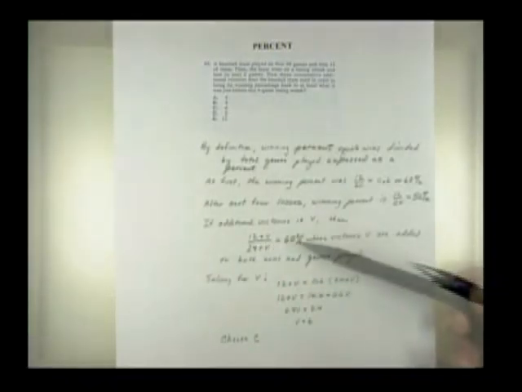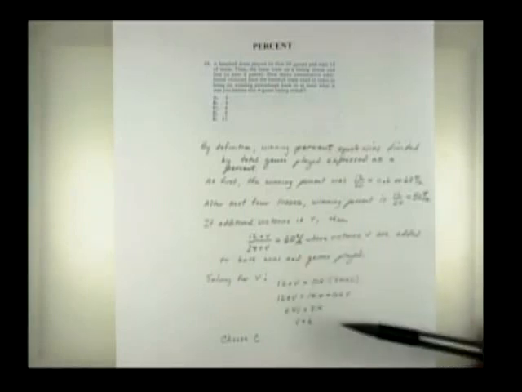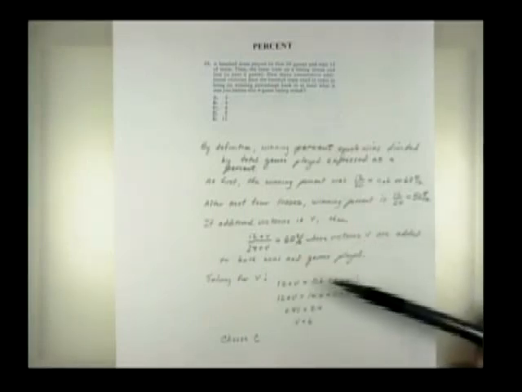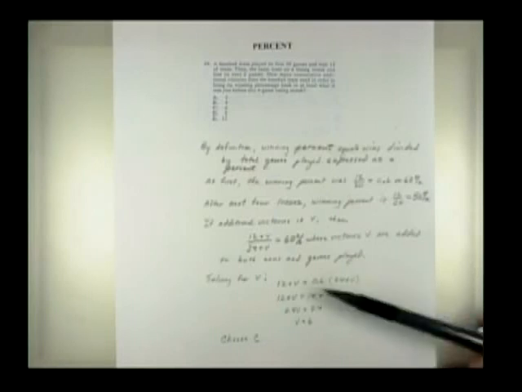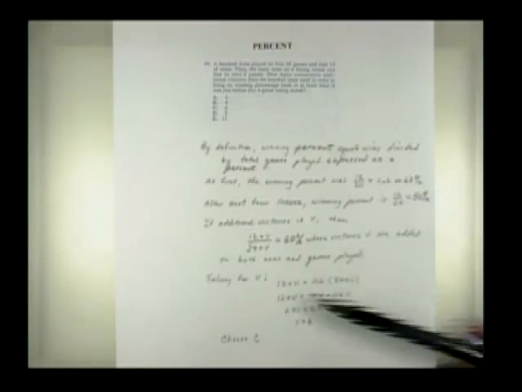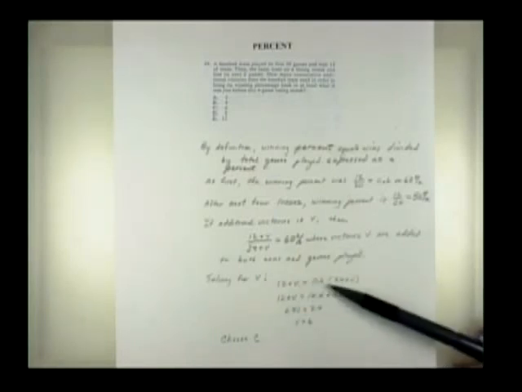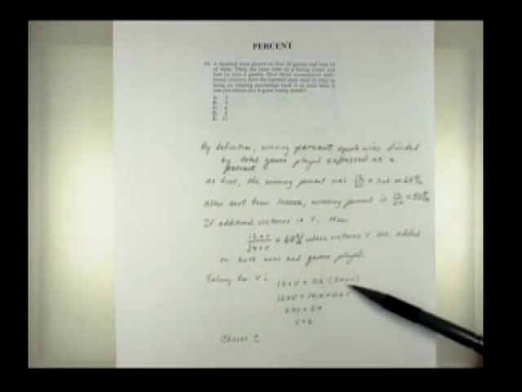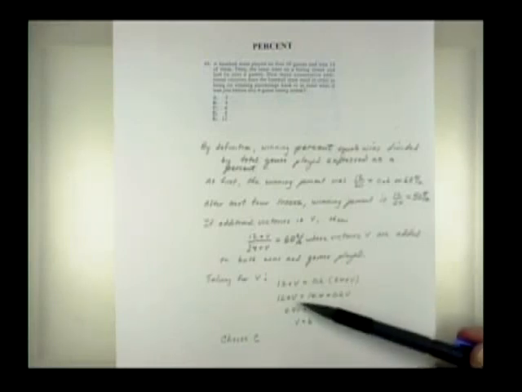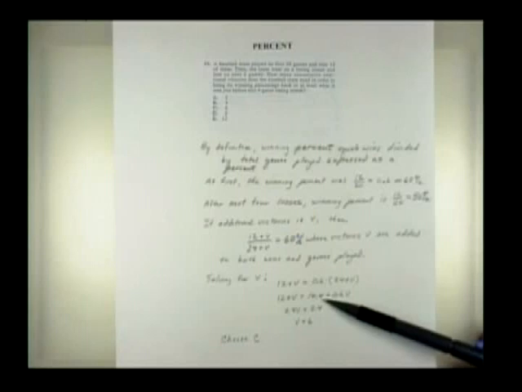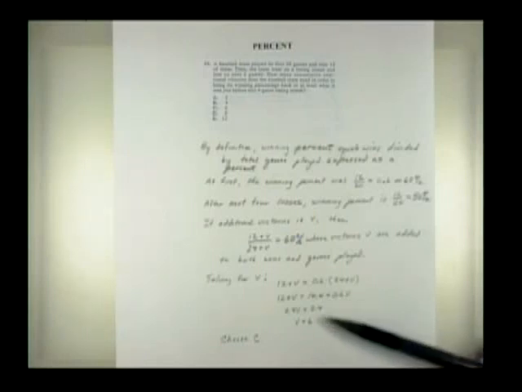This must be equal to at least 60%, where victories V are added to both wins and games played. Solving for V, 12 plus V equals 6/10 times the quantity 24 plus V. 12 plus V becomes 14.4 plus 6/10 V. 4/10 V equals 2 4/10, and V becomes 6. Choose C.